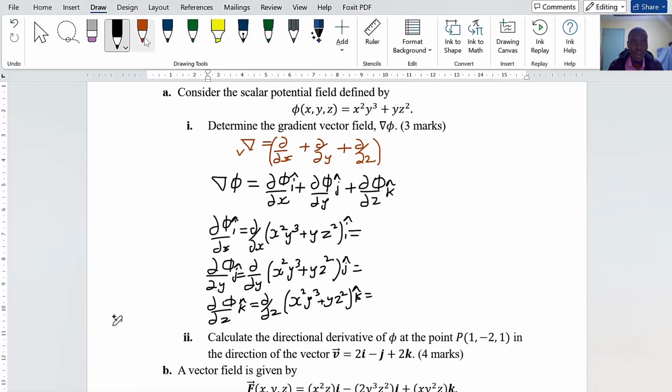Now using the power rule, which says that if y equals x to the power n, then dy over dx equals n x to the power n minus 1. So our power of x is 2, so first we multiply by 2, then we reduce its power by 1, so 2 minus 1 is 1, we don't need to write 1. Then y remains y cubed.